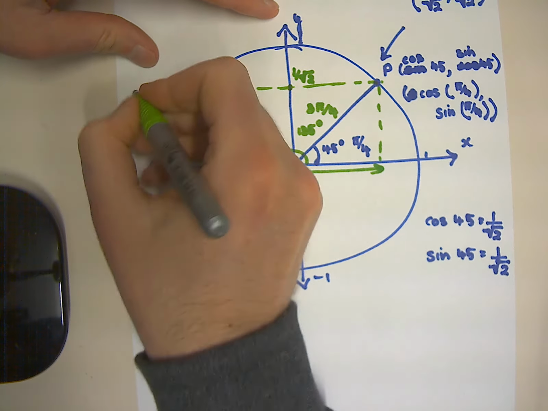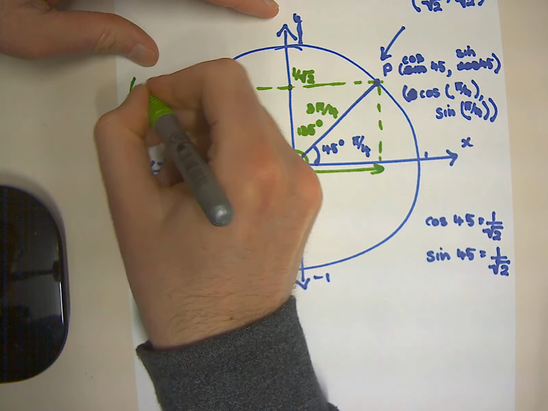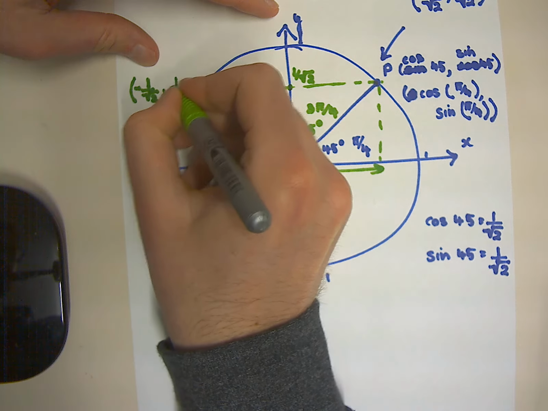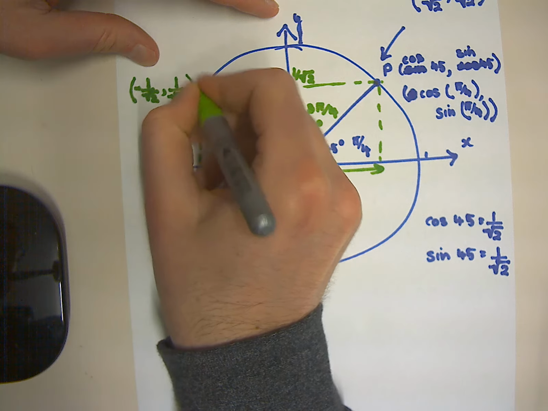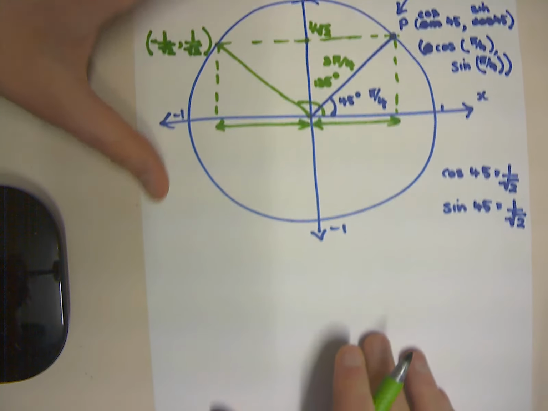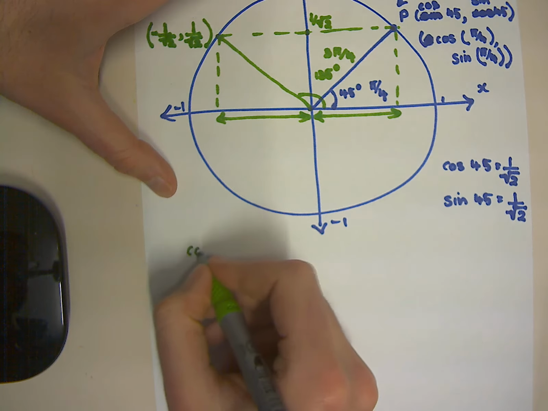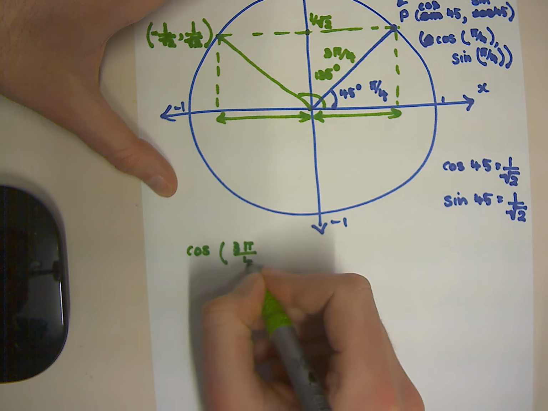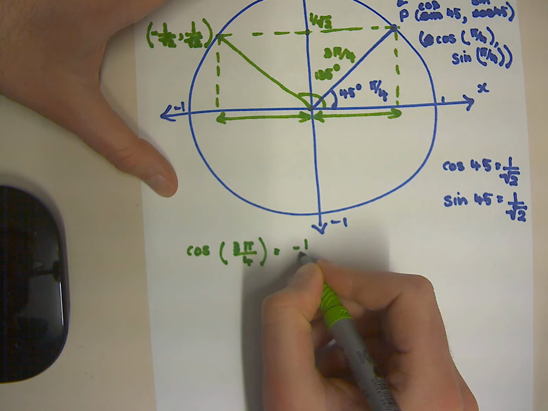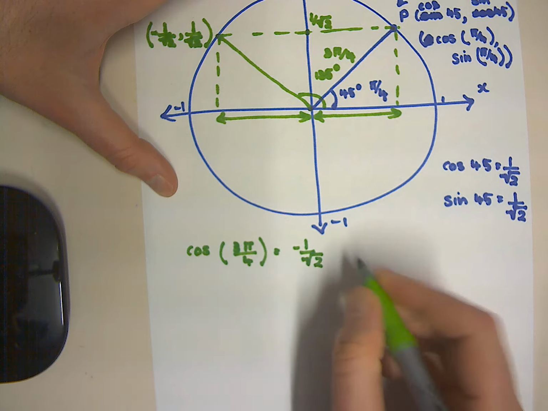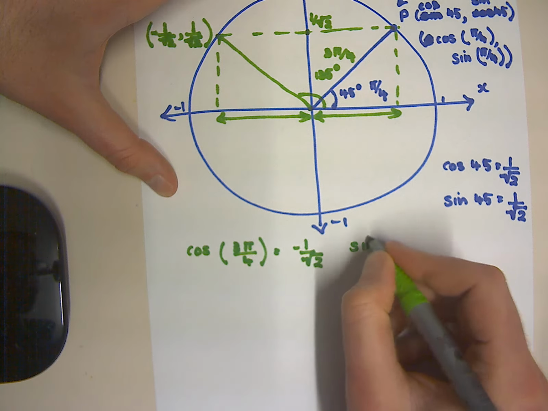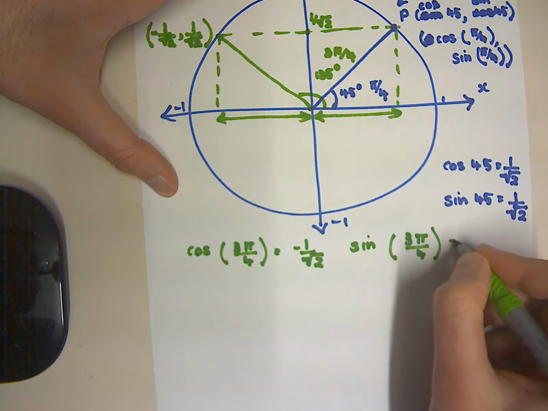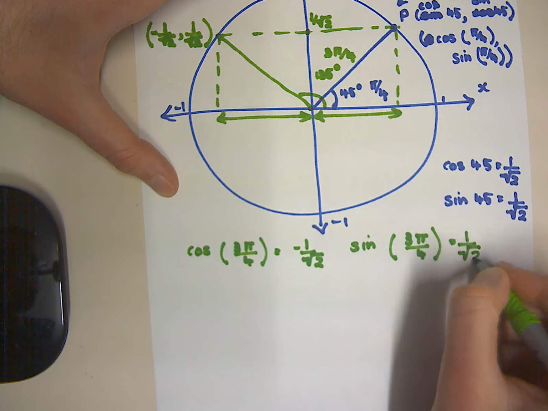So if I was to give the coordinates of this point here, negative 1 on root 2, 1 on root 2, and so we can say that cos of 3 pi on 4 is negative 1 on root 2, and sine of 3 pi on 4 is 1 on root 2.